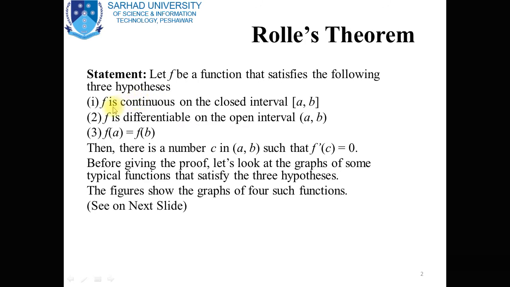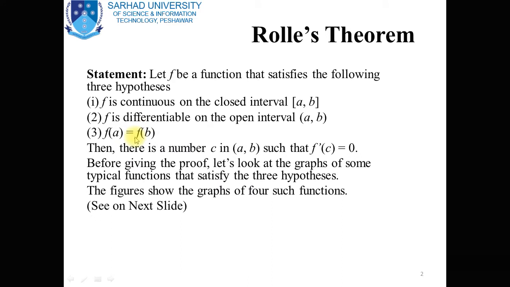Number one, this function f is continuous on the closed interval [a, b]. Second, this function f is differentiable on the open interval (a, b). And the third condition is f(a) is equal to f(b).